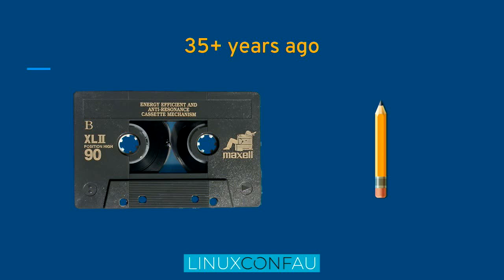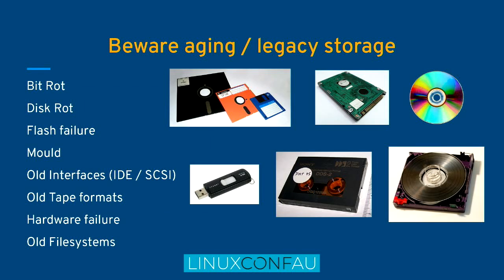In fact, for those days, my backup mechanism was a twin cassette deck to make an immediate copy of my important computer programs. But what I want to drive home is how important it is to be aware of aging and legacy storage, be it floppy disks, hard drives, optical devices, flash drives, or tape devices.